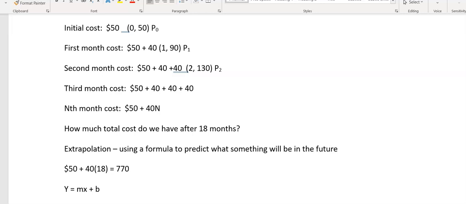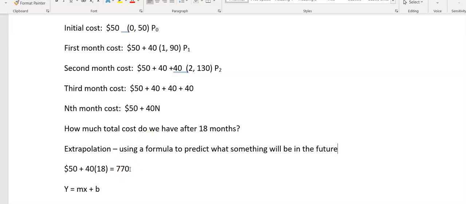And extrapolation can be somewhat dangerous because it could be that our cost changes in the future, and so this $770 for 18 months will be incorrect because our cost goes up somewhere in between 0 and 18 months. So an extrapolation is a formula based on everything remaining the same. Assuming everything remains the same, this is what our cost would be.